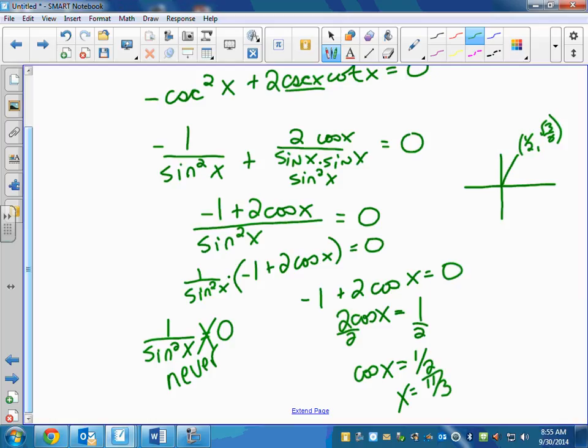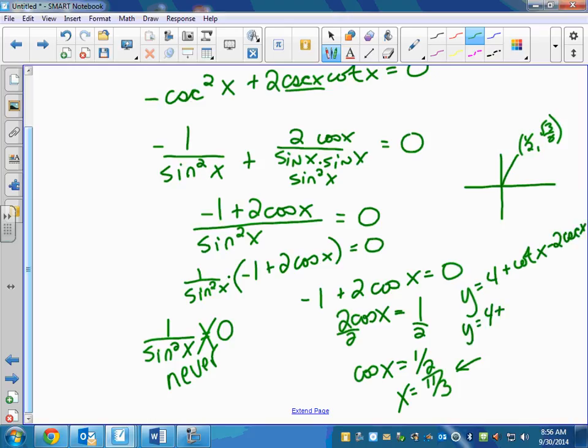This is kind of a crazy problem because we're not even done yet. We want the horizontal tangent, which means we want to find the tangent there, so you have to tell me, what's the y value when I plug in this x value? That means we have to go all the way back to the original equation to find the y value, which was 4 plus cotangent x minus 2 cosecant x.